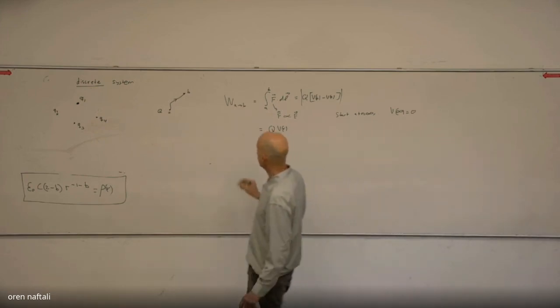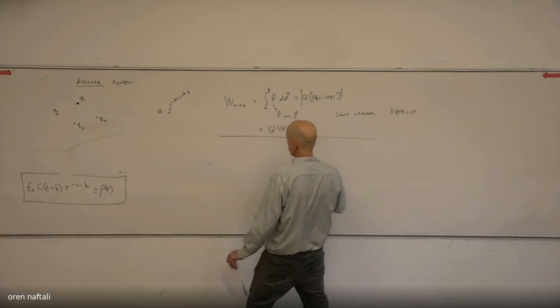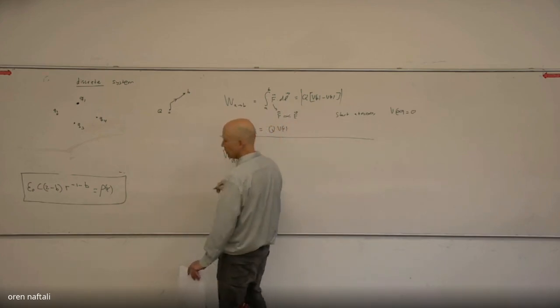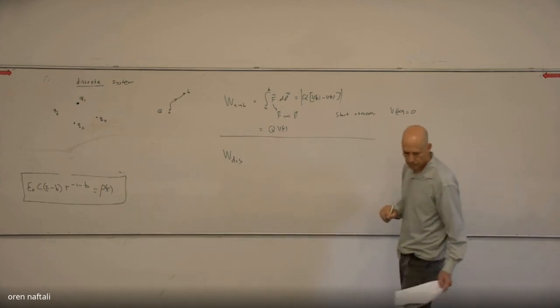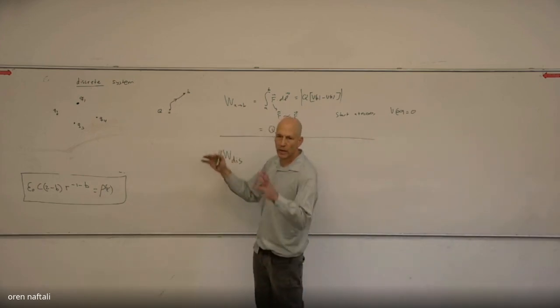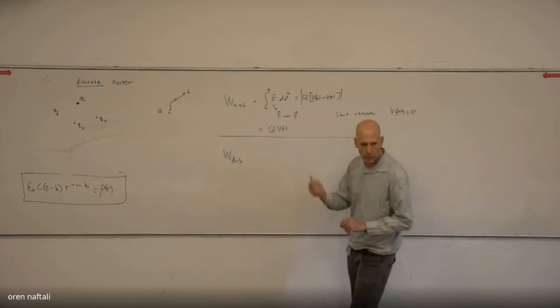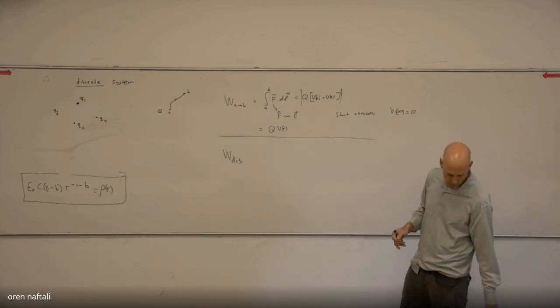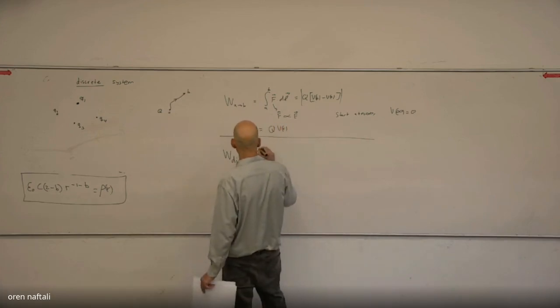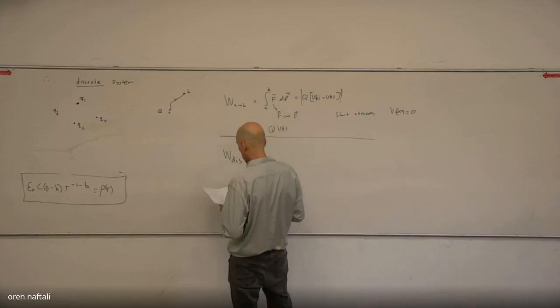But what I want to discuss now is something a bit different. I'll use the same letter, W, but what is this? Discrete. This is the energy of creating the system. It's not the same thing as moving one particle in a system. So this I claim, and I'll soon explain why, is equal to the following.